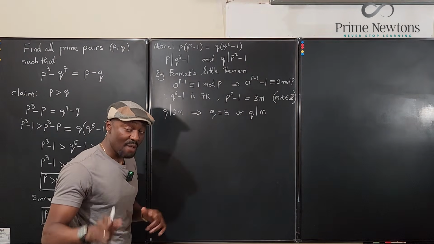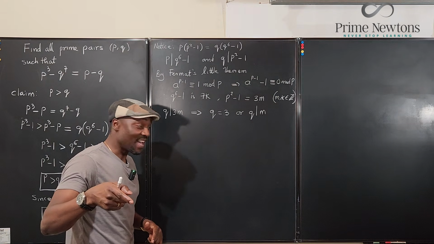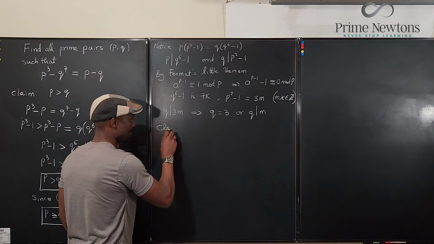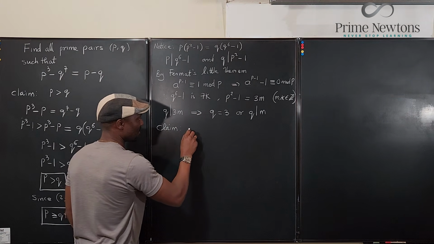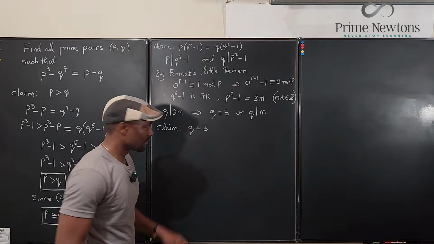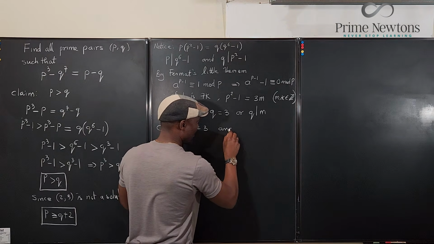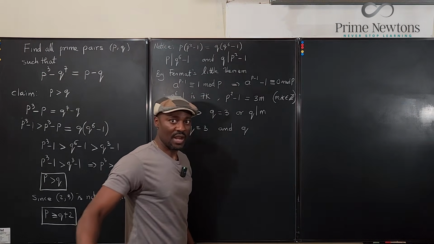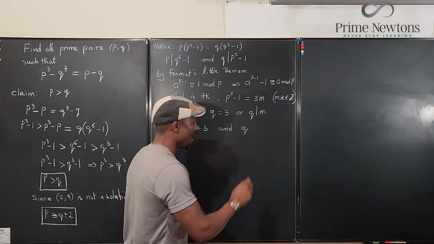However, I'm going to make a claim that q is actually equal to 3. Claim: q equals 3, and q is not greater than 3. Okay, how do I write that?